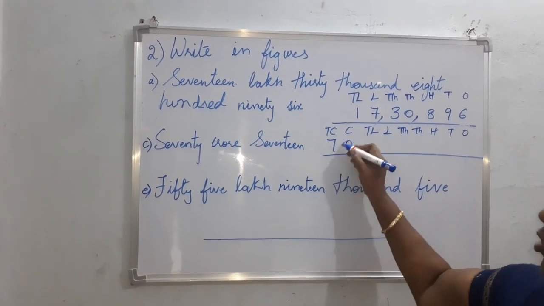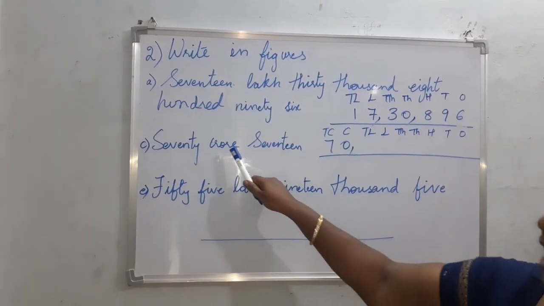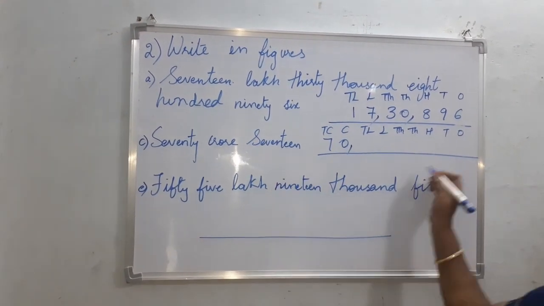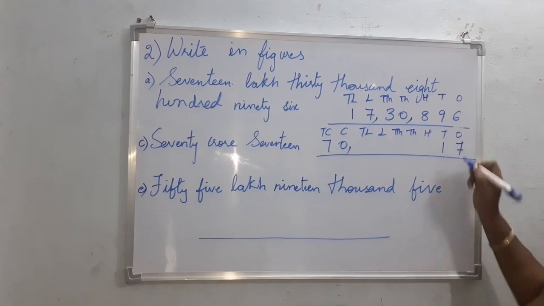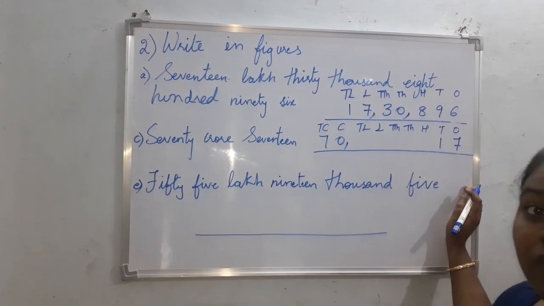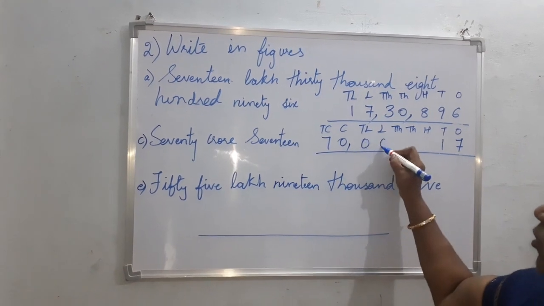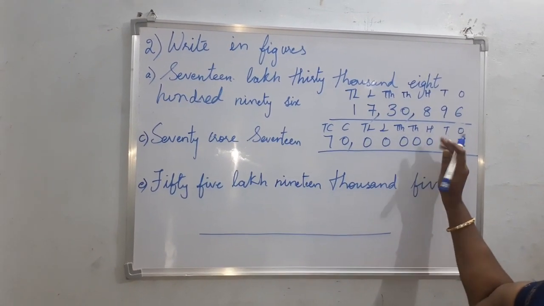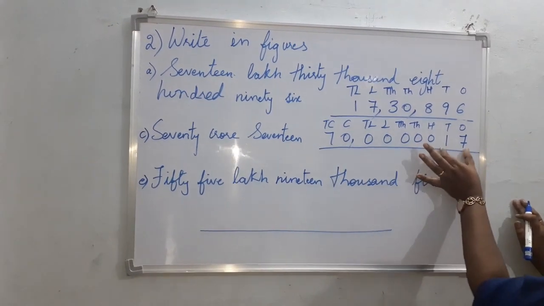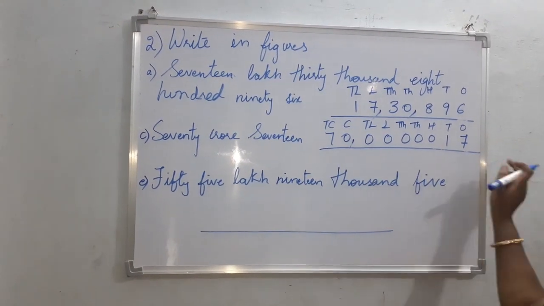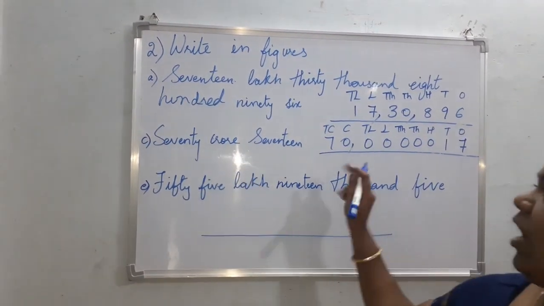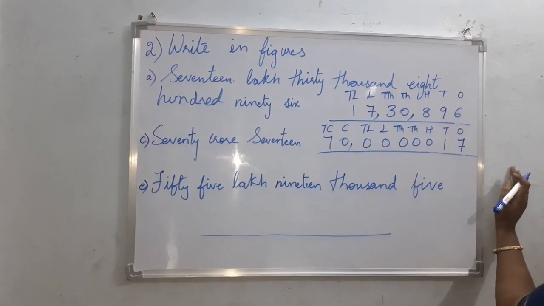Thereafter 70 crore, there is only 17, that is nothing but 1 in the tens place. Then what you should do with the remaining places? You have to fill in the zeros. If you don't fill these zeros, you will be left with 7, 0 and 1, 7. It would be 7,017. So since your question is 70 crore, you have to fill zeros compulsorily.